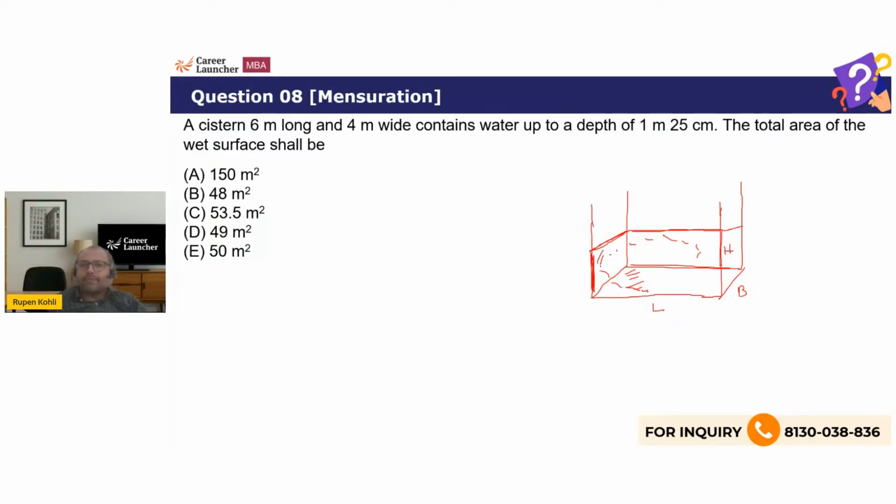The base, length cross breadth, is there, but there is no top which is wet, right? So he's not asking for the total surface area of the cuboid, he's asking for the wet surface, which is length cross height, breadth cross height, so twice of length cross height plus twice of breadth cross height, but for the base only once, right?